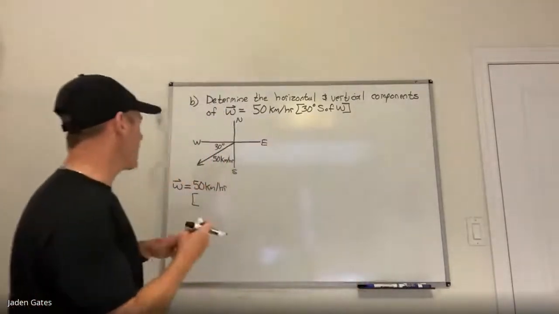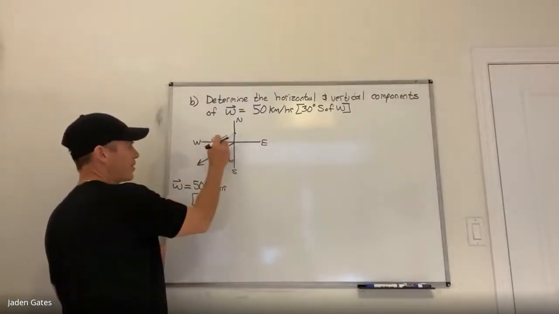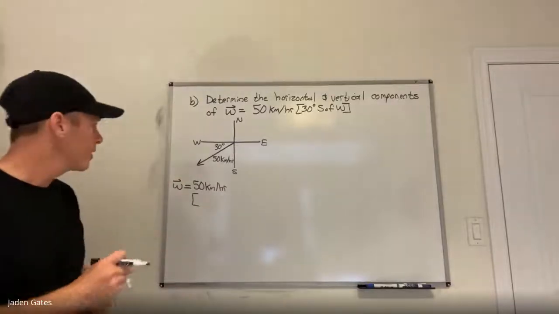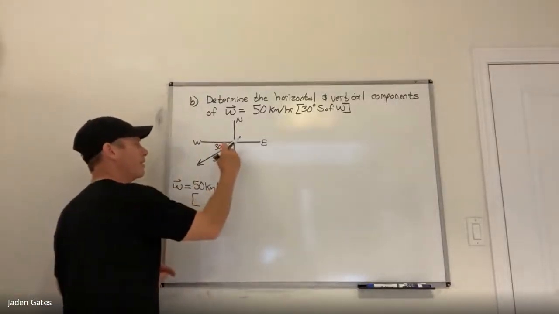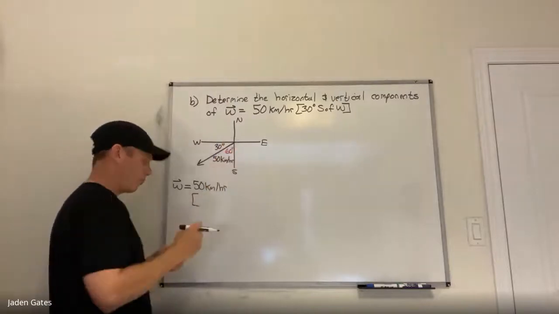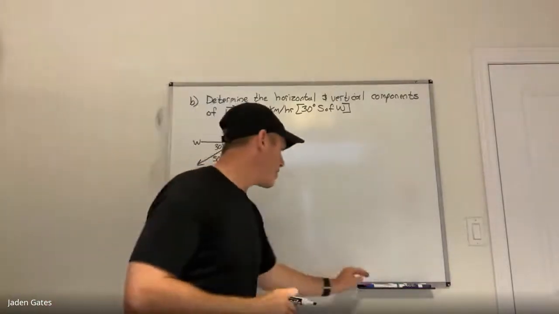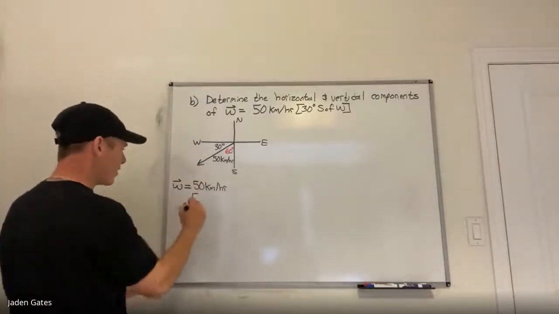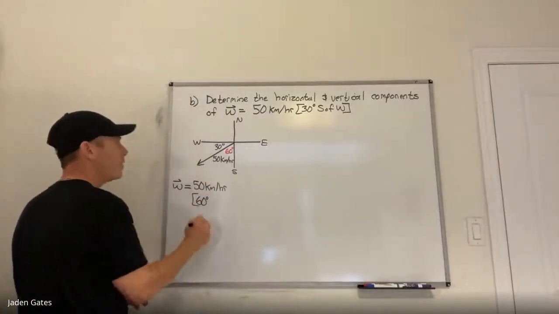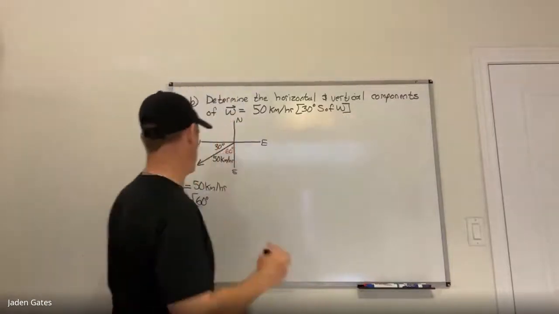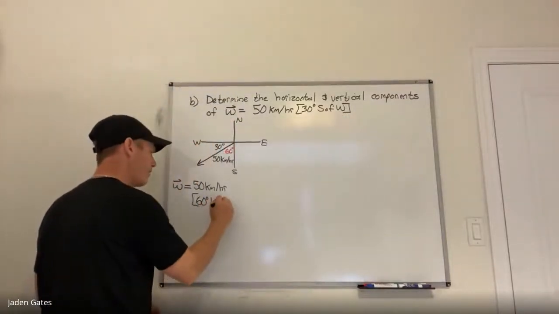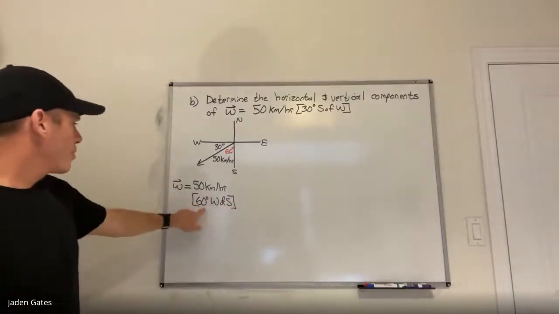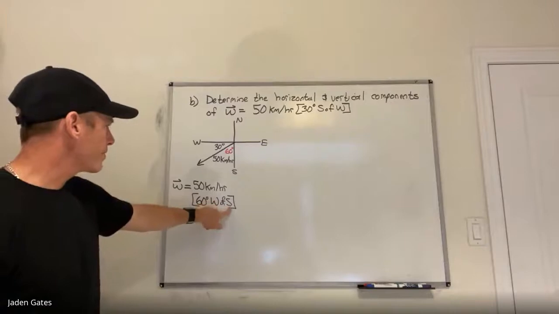If this is a 30-degree angle in here, because our compass rose makes perfect 90-degree angles all the way around, that means the angle here is 60 degrees. And so another way to describe this vector is to say that it is 60 degrees, but instead of south of west, it would be west of south, which means 60 degrees towards the west, but from the south.